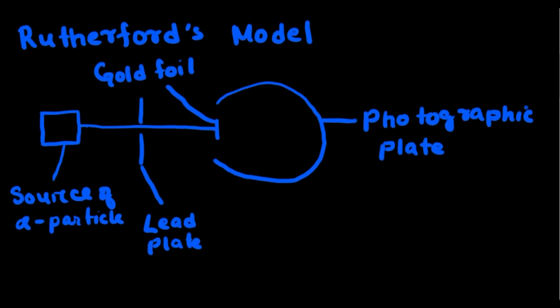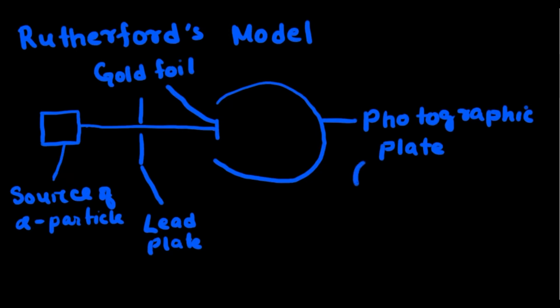When a stream of high energy alpha particles from this radioactive source is directed at the thin foil of gold metal, the foil had a circular fluorescent zinc sulfide screen around it.